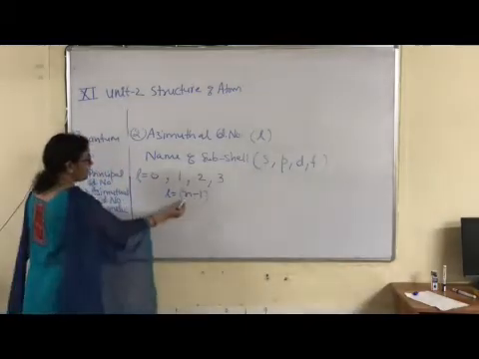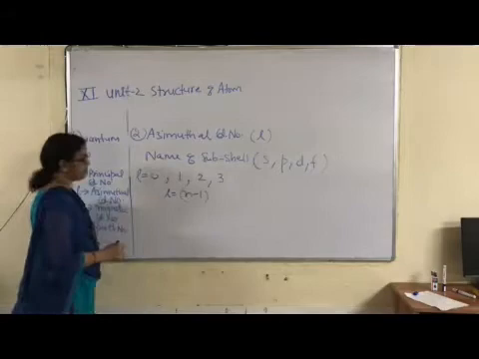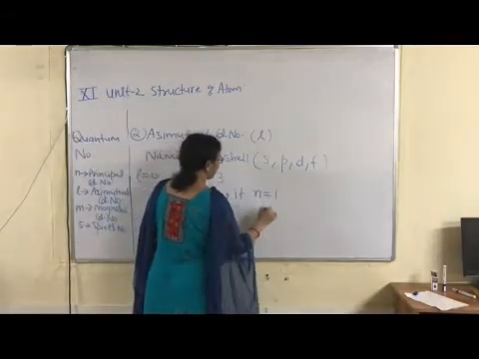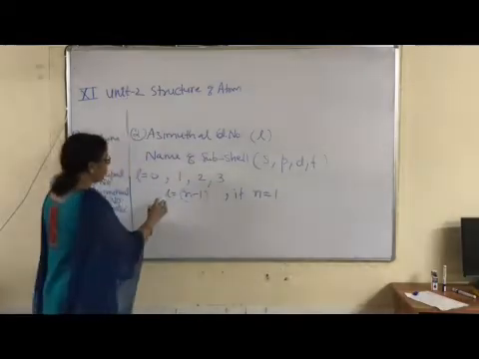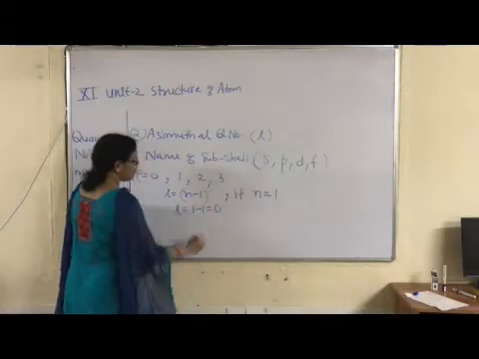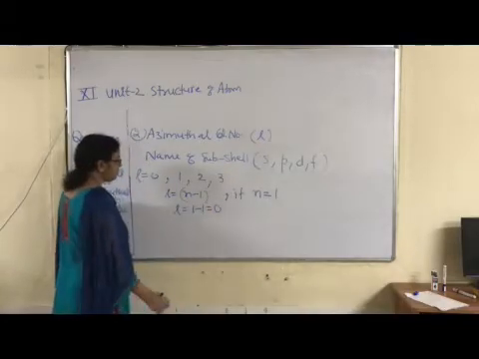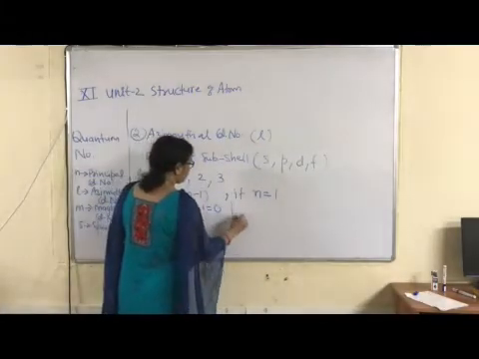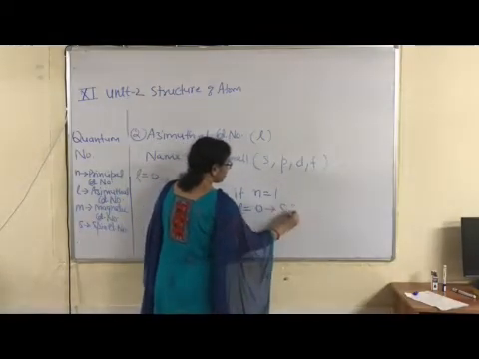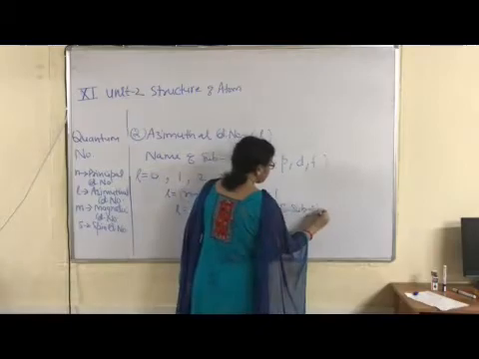Children, n denotes the principal quantum number. If n is equal to 1, what is the first value of l? l is equal to 1 minus 1 is equal to 0. Clear? Now if l is equal to 0, it denotes the s subshell.